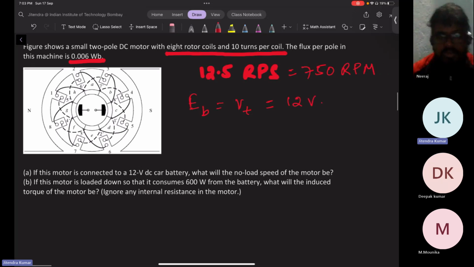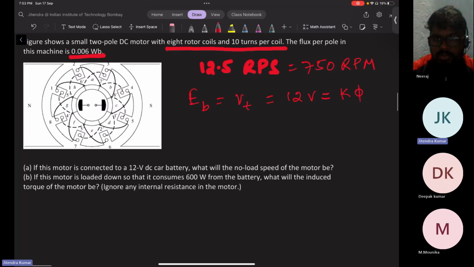And as we discussed in the last class, whenever EMF comes into the picture along with a speed, you have to quickly relate EMF with speed. It will be K phi omega.